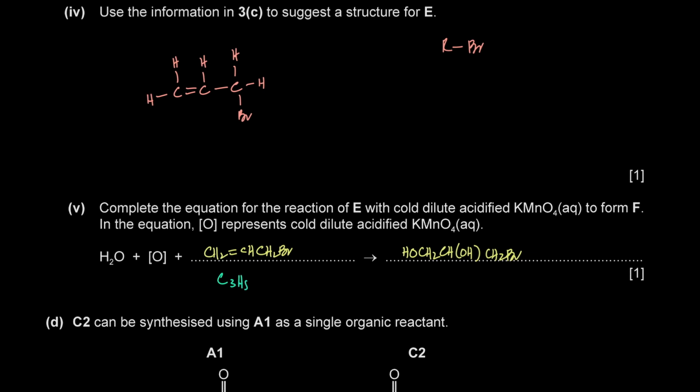So we have C3H5Br, and since two OH groups are being added, we have two extra hydrogens and two extra oxygens. So the product would be C3H7BrO2. You can use the molecular formula for the equation if you have a hard time writing down the structural formula. Although it's always better to write down the structural formula, in some cases they'll require the use of structural formula. In this case, either of these equations is acceptable.